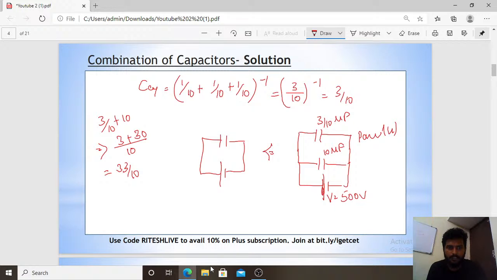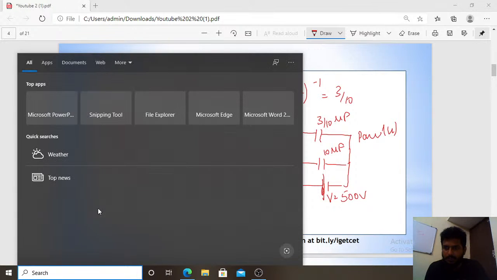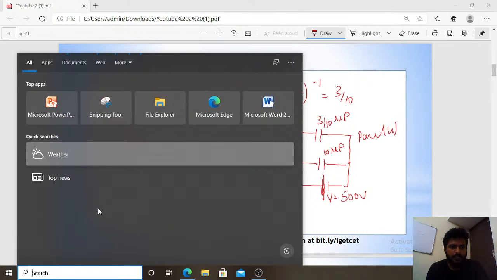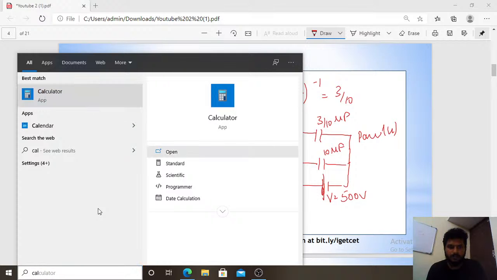Okay, 10 into 10, right? Right or wrong? So what is the value here? Or else you can directly calculate it if you have some confusions like that. Then you can directly use your calculator to calculate for that. Okay, let me calculate.